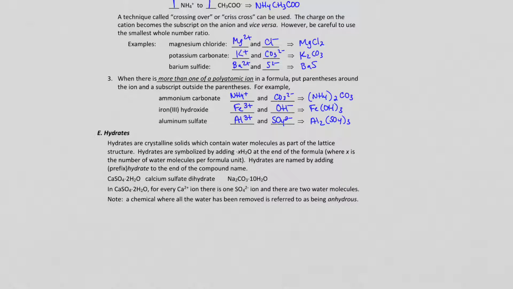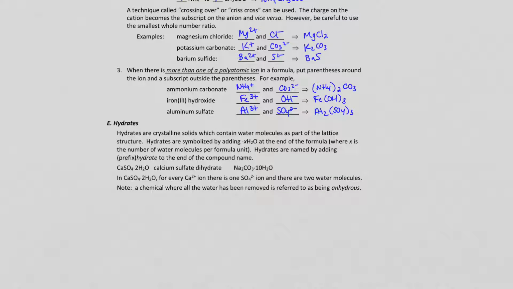Last little bit, hydrates are something else that we involve ourselves with. Hydrates just mean you're going to put a dot, like a multiplying sign, and then however many waters the prefix tells you, right? So, for example, calcium sulfate dihydrate is CaSO4 times 2H2O, right? So that's how you'll do it.